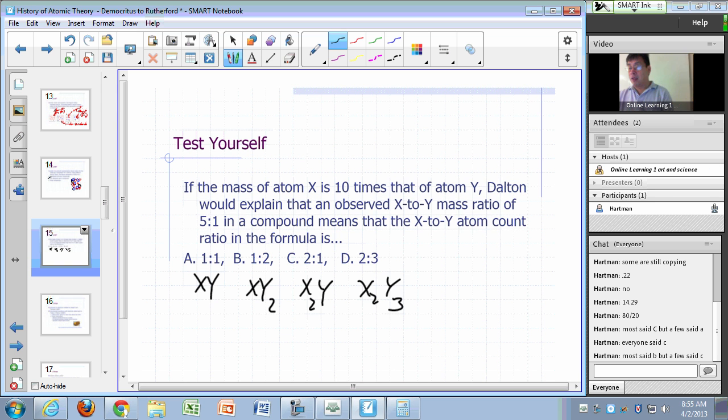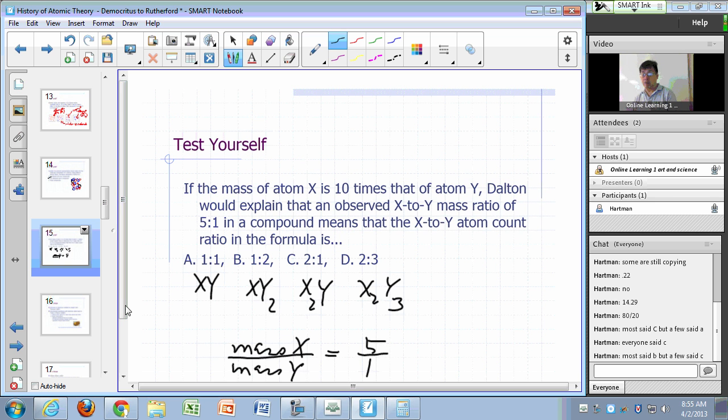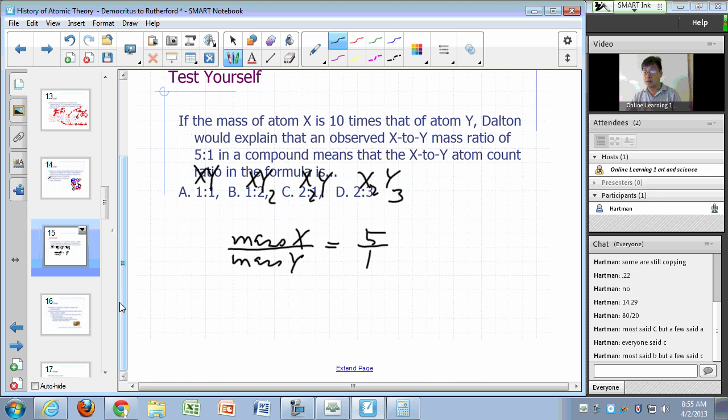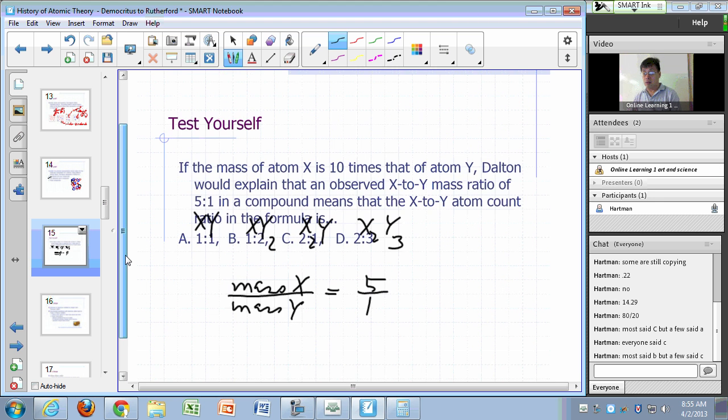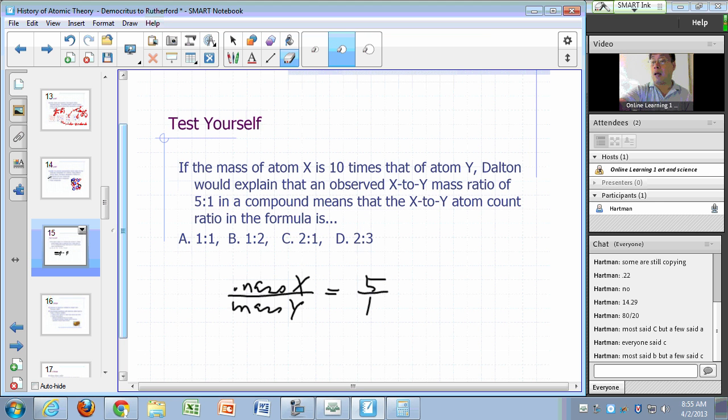If the mass of X to mass of Y ratio is 5:1, and you are told that an atom of X is 10 times more massive than an atom of Y, how would you work this out?